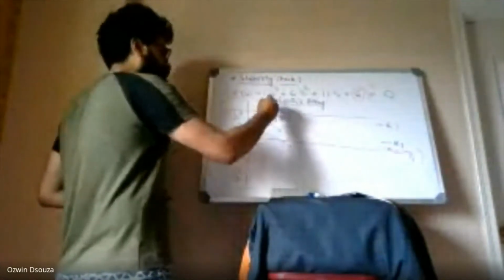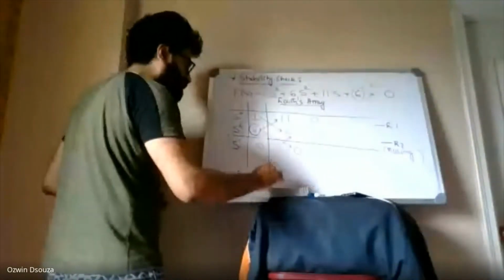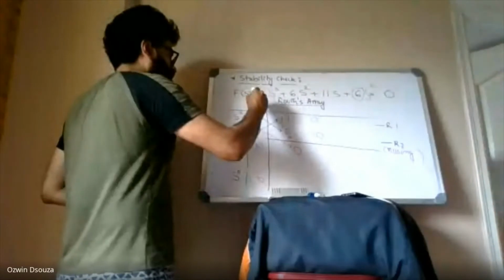Once you are done with Routh's table, you can inspect the elements of the first column. For the system to be stable, you should have the first column entries of Routh's table with positive sign, or with the same sign, right?